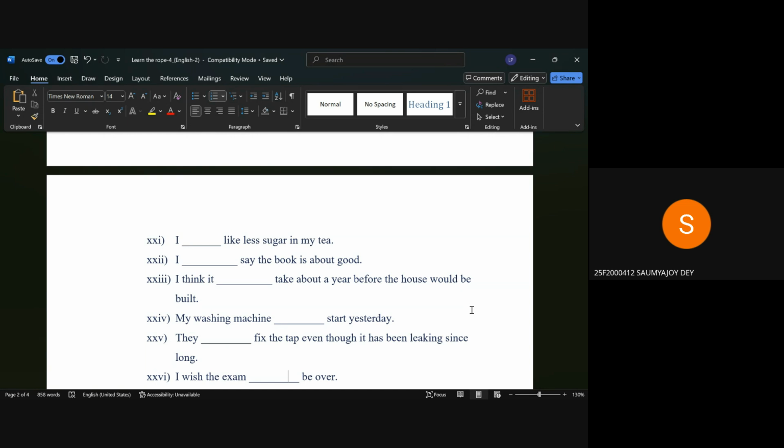I need to say the book is about good. I'm only trying to understand what are the meanings that it can give you. I need or I must. I get your point. What is the meaning?